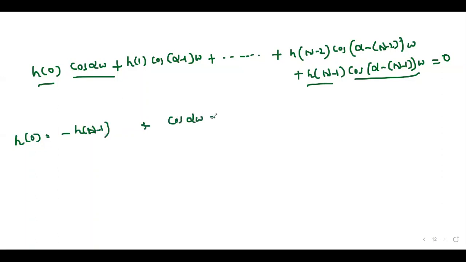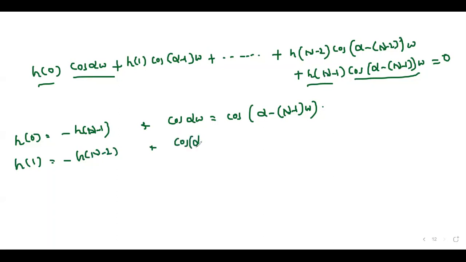Cos omega is equal to cos of alpha minus of n minus 1 omega. Okay. Now, similar way, second term h of 1 is equal to minus of h of n minus 2 and cos of alpha minus 1 omega is equal to cos of alpha minus n minus 2 omega.